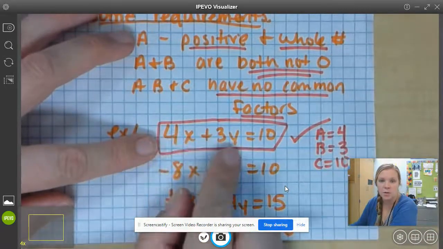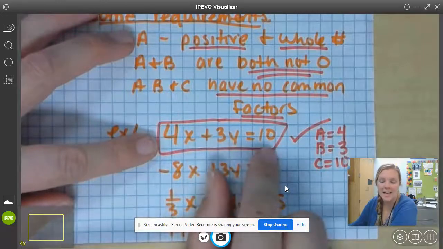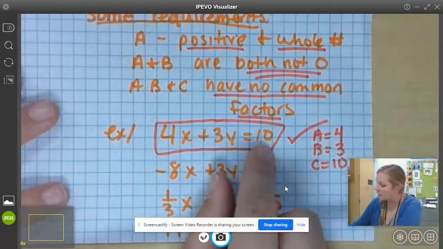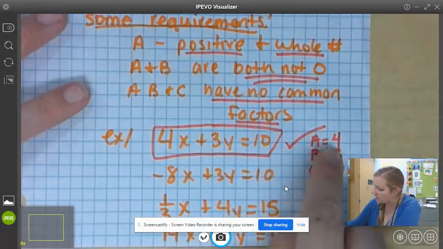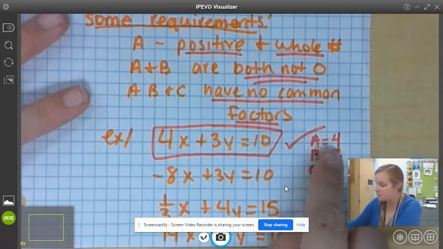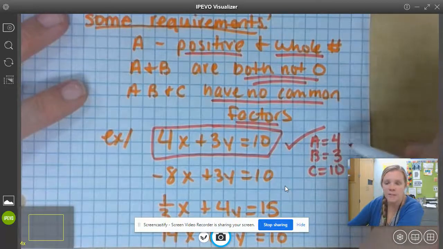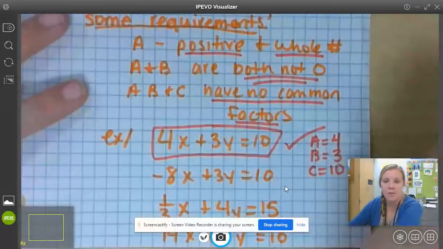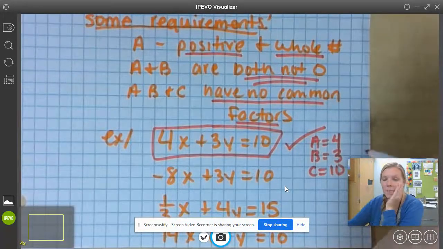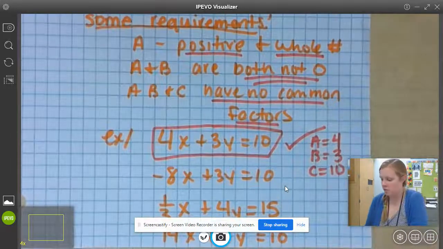AX, so A is 4, BY, B is 3, equals C, so C is 10. So A is positive and whole, not a fraction or a decimal. A and B are not 0. And if I look, there's no common factor in 4, 3, and 10. 4 and 10 both have a 2, but 3 doesn't. So that is why that equation is in standard form.